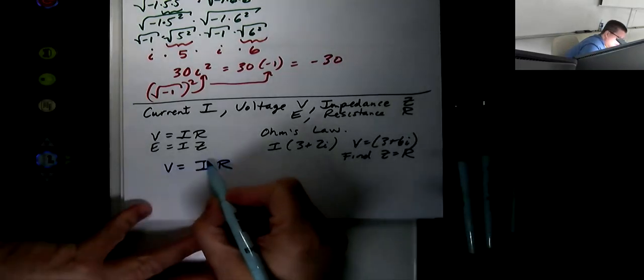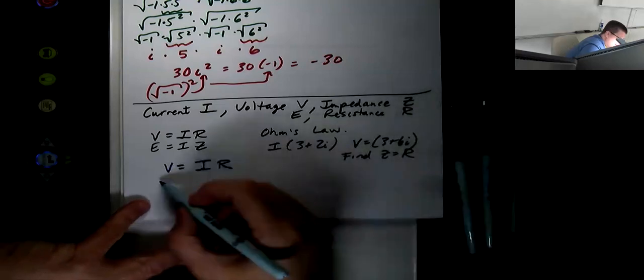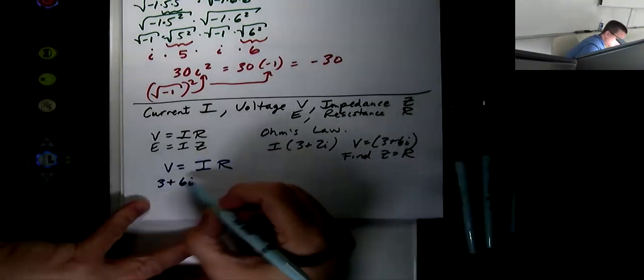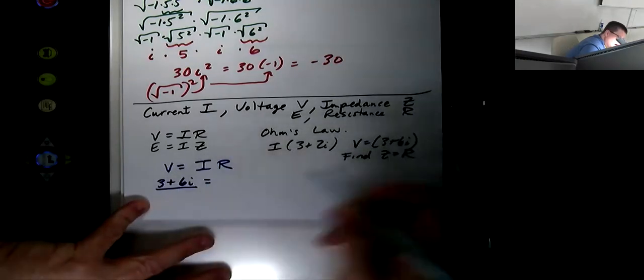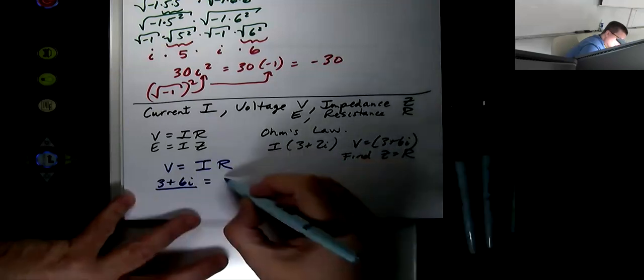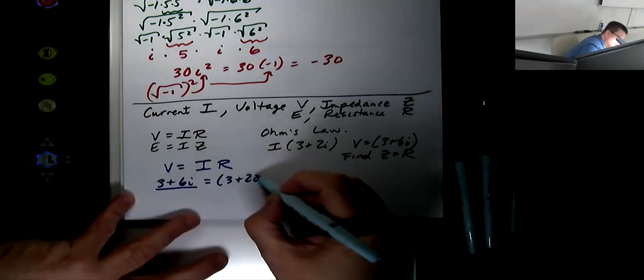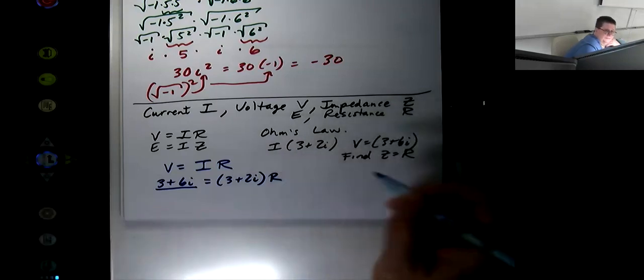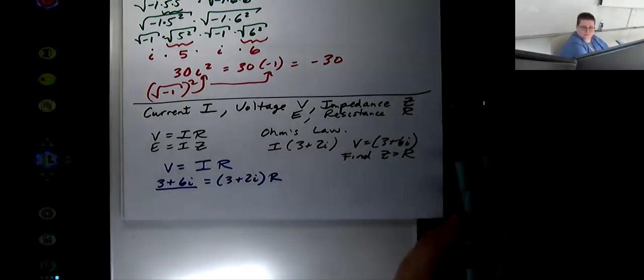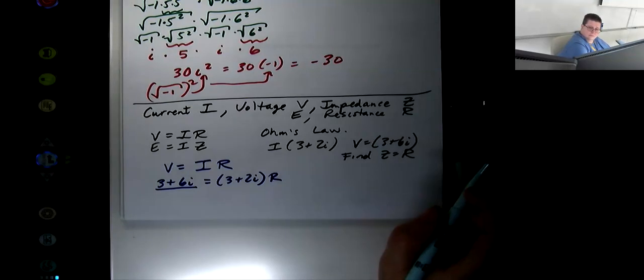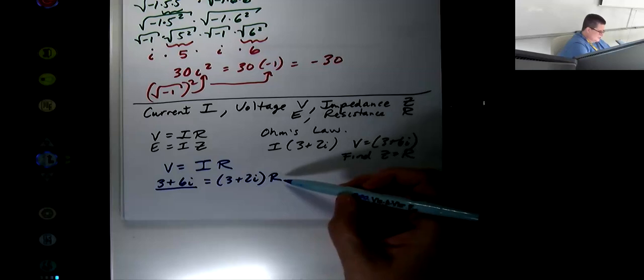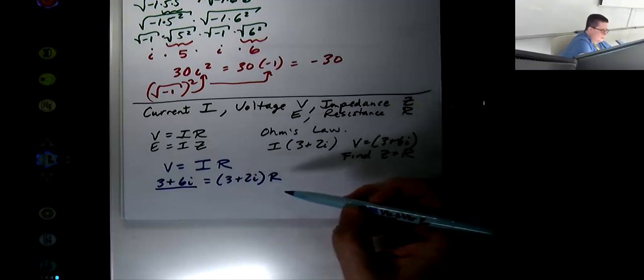So let's plug in the information we have. V is 3 plus 6i, I is 3 plus 2i, and R is R. With this being multiplied by R, we can't just go subtracting threes because it's multiplied by it.